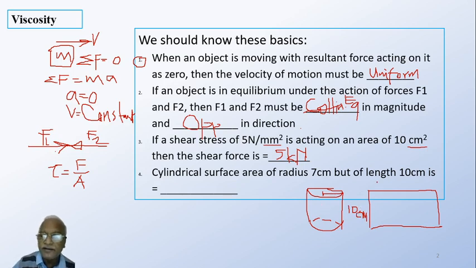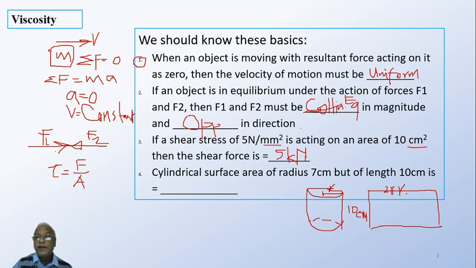When you make a cut here, it gets opened into a form of rectangle, and this circular periphery becomes a length like that. If r is the radius, then this becomes 2 pi r. That would be the length over here and over here also.